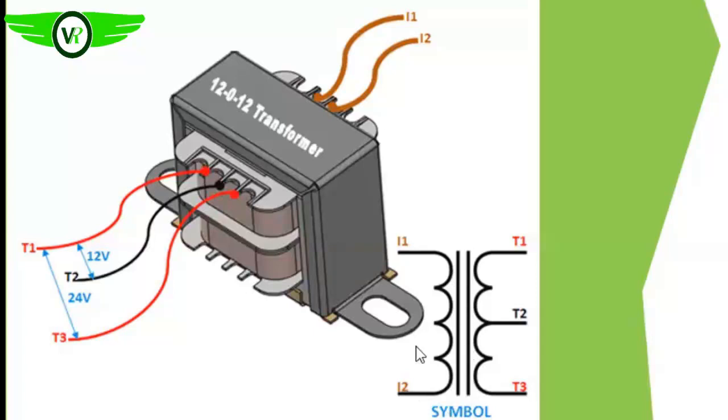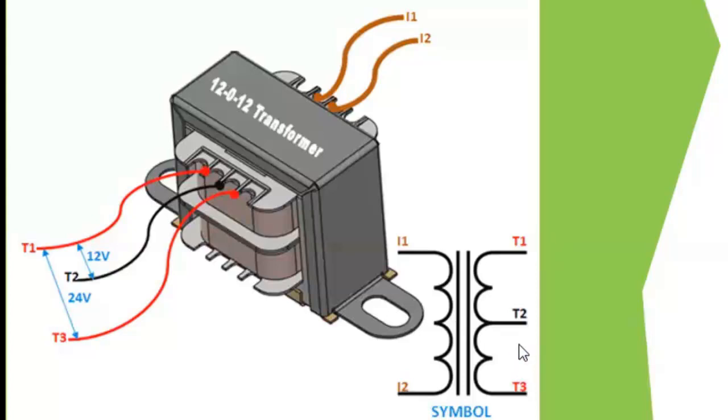Like we said earlier, the primary and the secondary don't have any electrical connection, but they are coupled by the magnetic field that will be created in the primary winding once it is energized. So those are the active parts.